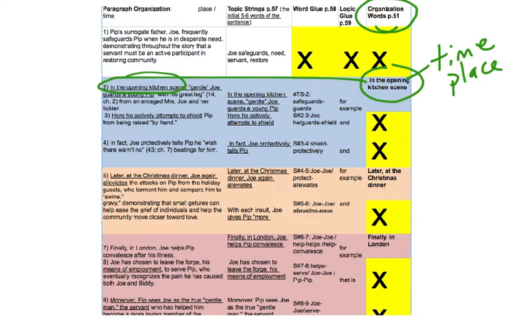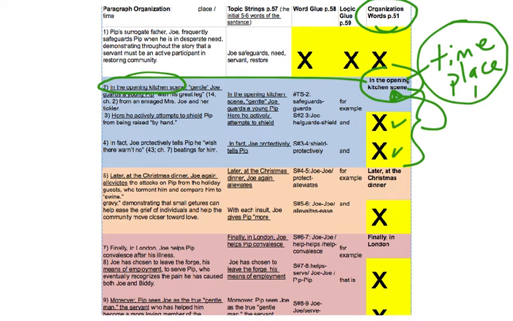So, all of these 3 sentences occur in the opening kitchen scene. That's why there's no entry here, because we're not moving on to a different location. The third category that you can organize by is idea, and the preceding paragraph in the paragraph chart Excel file gives an example of organizing by idea.